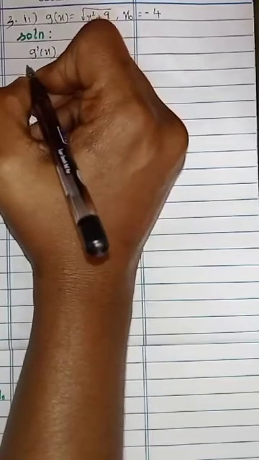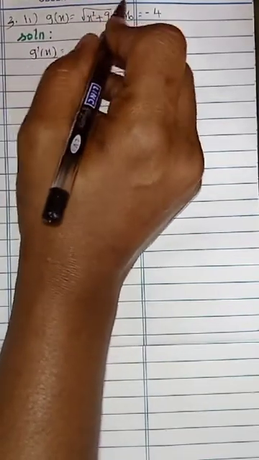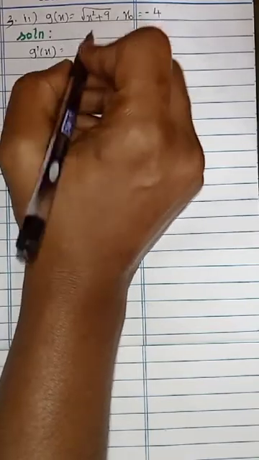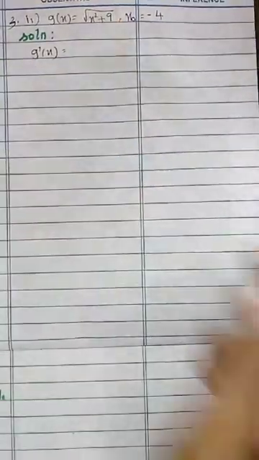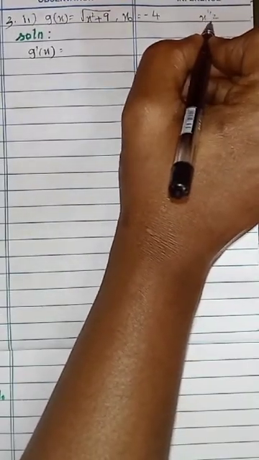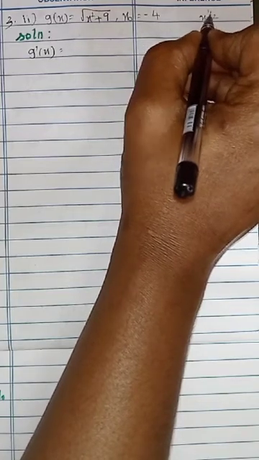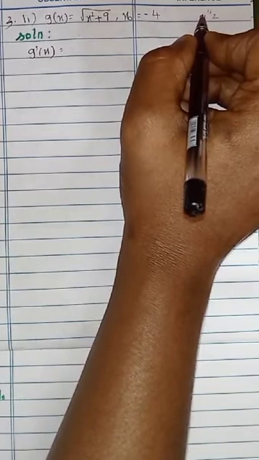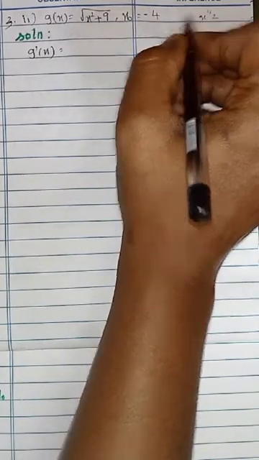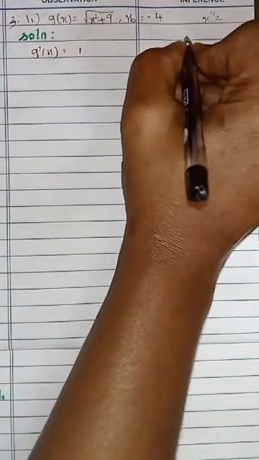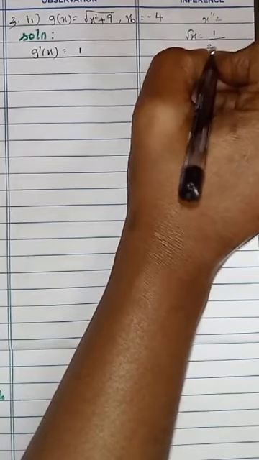First, we can find g dash of x. So what is g dash of x? What about the square root of x? Here it is x power 1 by 2 actually, correct? So 1 by 2 will come in front, and with this we have to subtract 1. The differentiation of square root of x is 1 by 2 root x.